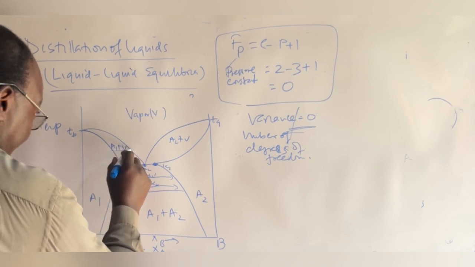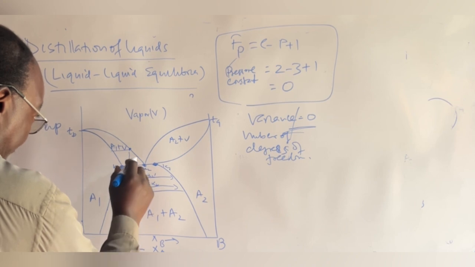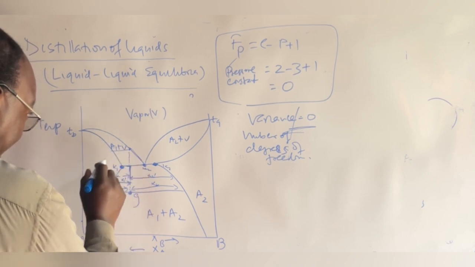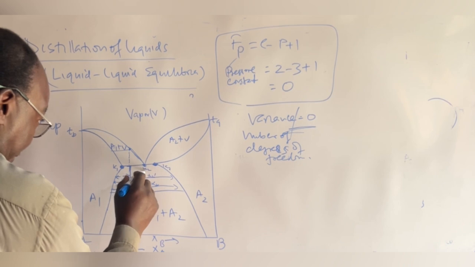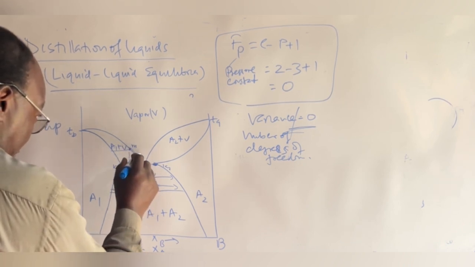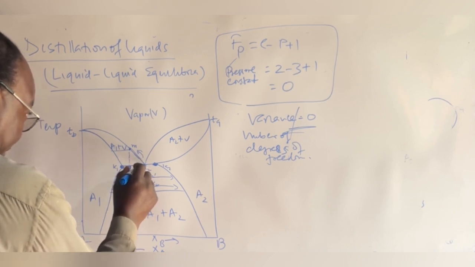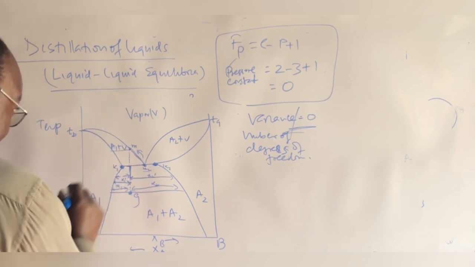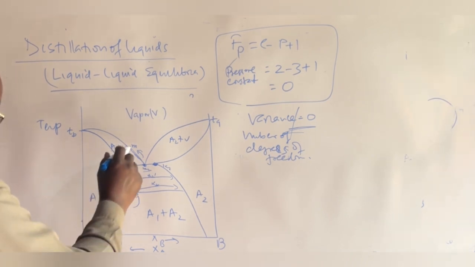Now the vapor curve will follow, in this region, from K2, let's call that M. The composition will vary from K through M. At that particular point, we have vapor, and of course we'll have A1 again.